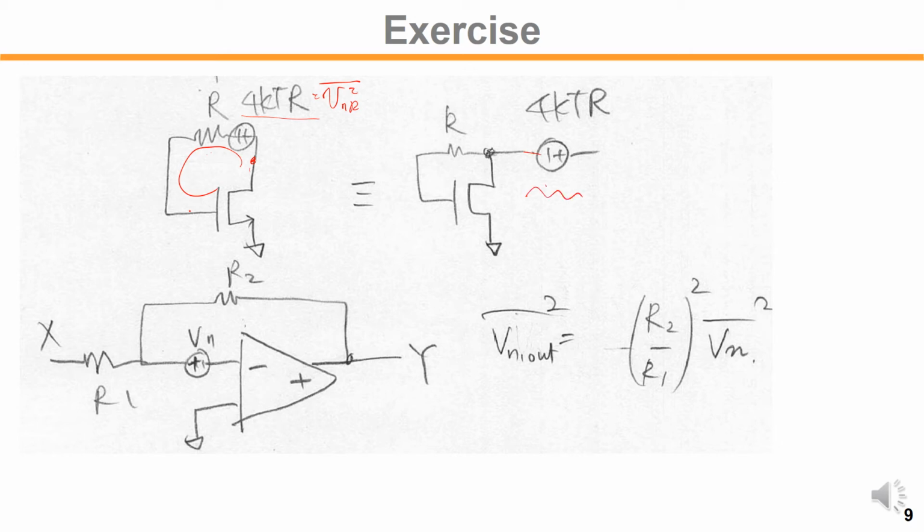Those are equivalent models. And also, for example, with this kind of inverting amplifier, the noise of this device at the input can be moved out of this negative feedback. Once it is out, then it would be like this, right?